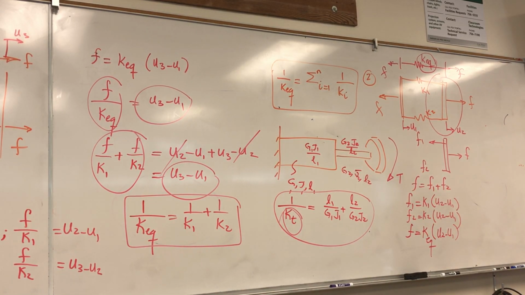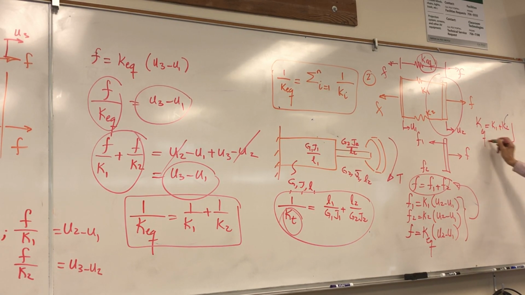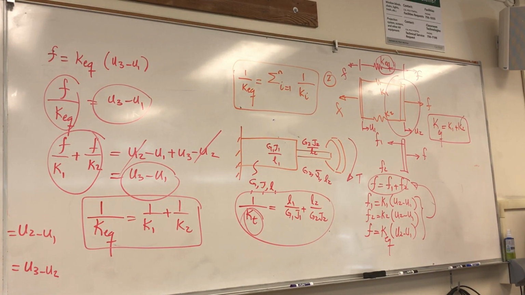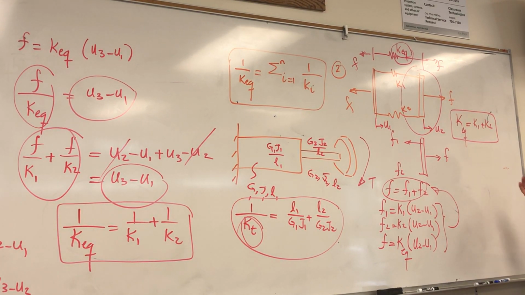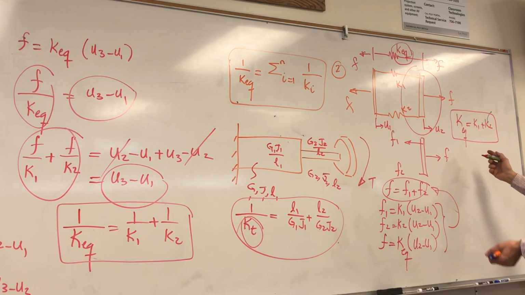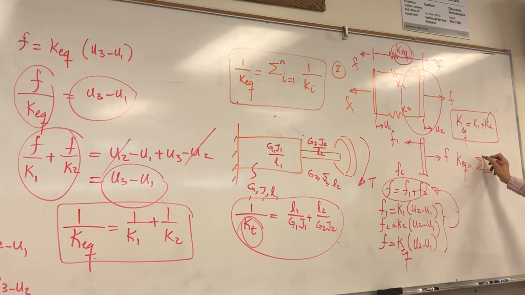So if you substitute those into this equation, you can easily see that what results is K equivalent is K1 plus K2. So if two springs are subjected to the same displacement, the total stiffness is the sum of those two stiffnesses. Or more than, of course, two springs. You can generalize this and write the sum for i equal to 1 to N of Ki.